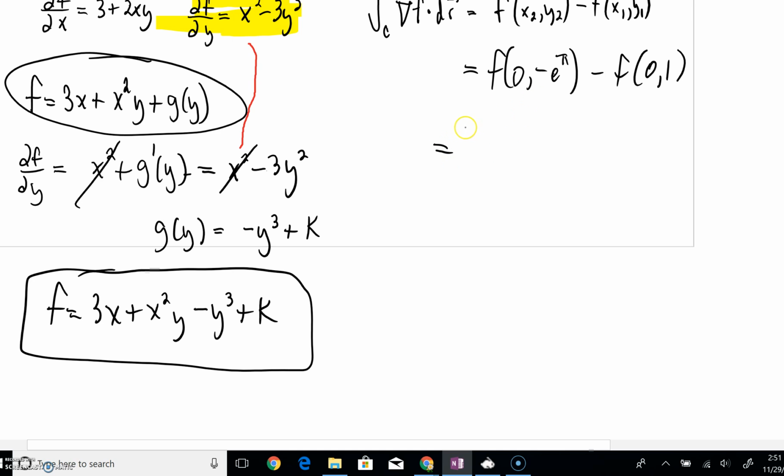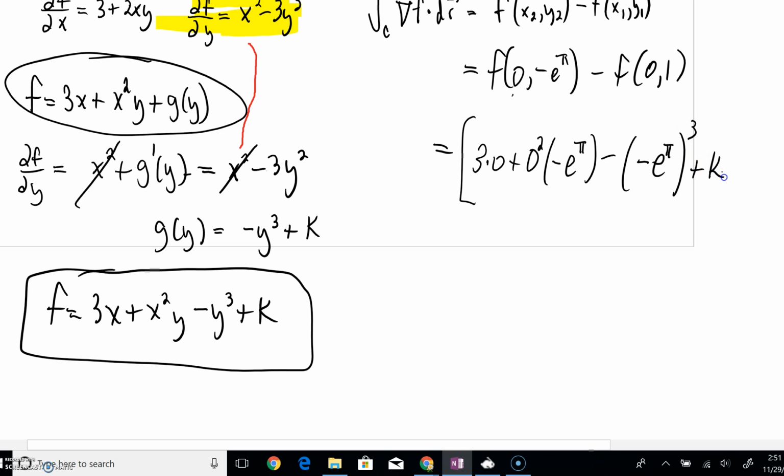Plugging in our first point, an x value of 0 and a y value of negative e to the pi, we can say that's 3 times 0 plus 0 squared times a negative e to the pi minus, here's our negative e to the pi, cube that, and then plus k.